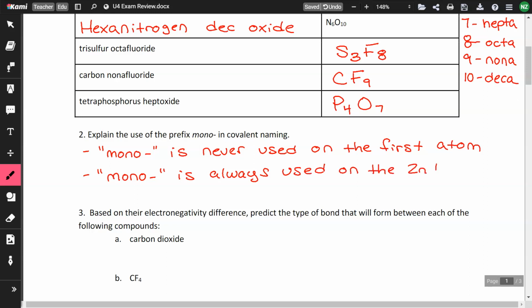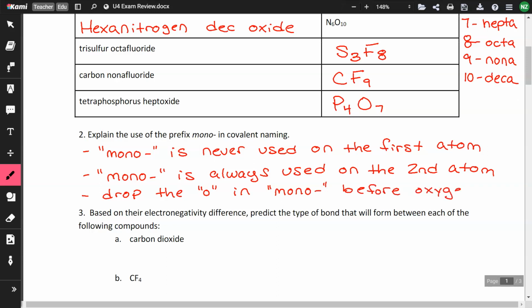And the third thing to remember is that weird rule when we have something like oxygen. So we drop the O in mono before oxygen.